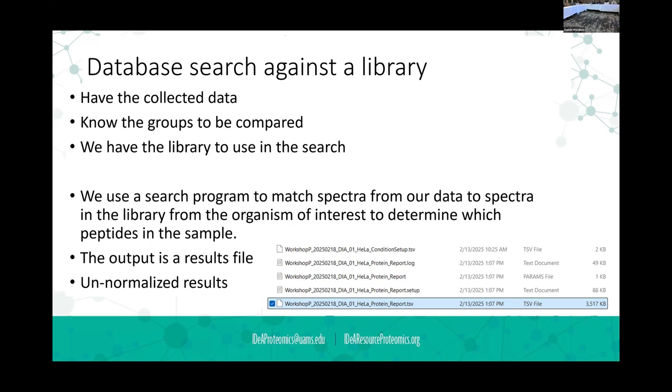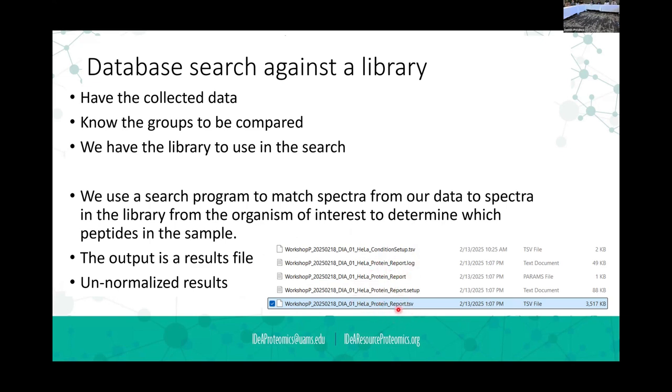That search program will give us an output file. So when you get output from us, if you're doing a DIA project, you would get a folder like this that has your conditional setup and some other files, but one of them is called a protein report.